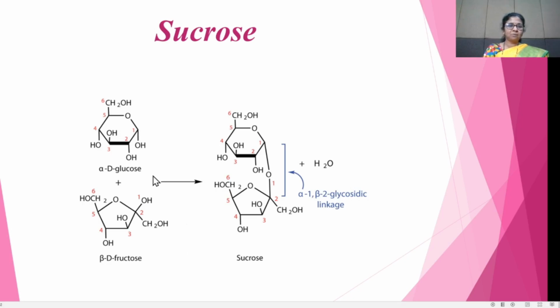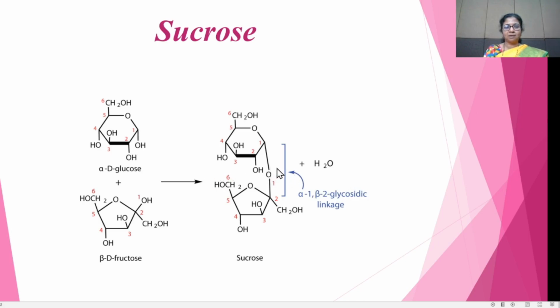See here, there is the formation of the glycosidic linkage. Here, the OH group from the anomeric carbon atom of glucose, this one, and the OH group from this fructose, carbon number 2, which is the anomeric carbon atom. From this OH group and this OH group, H2O is removed and the linkage is formed.